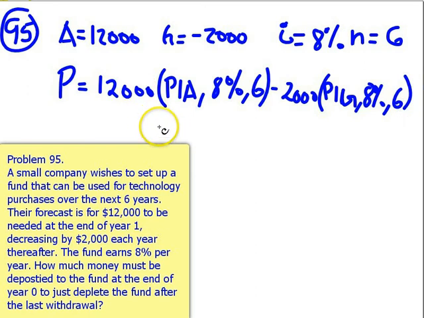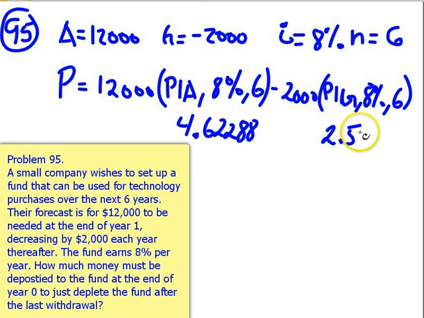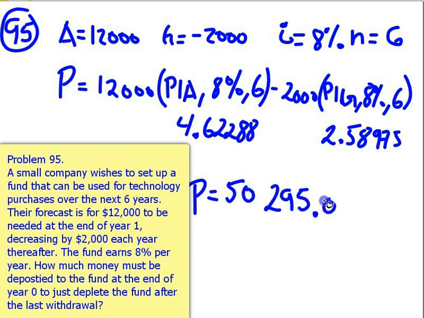Now the factors that we find are 4.6288 and 2.58975, and when we do the math associated to this, the present value becomes $50,295.05.